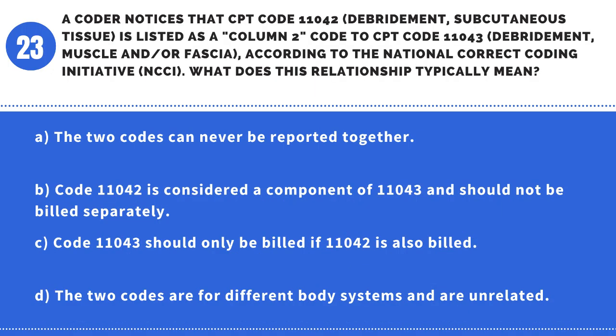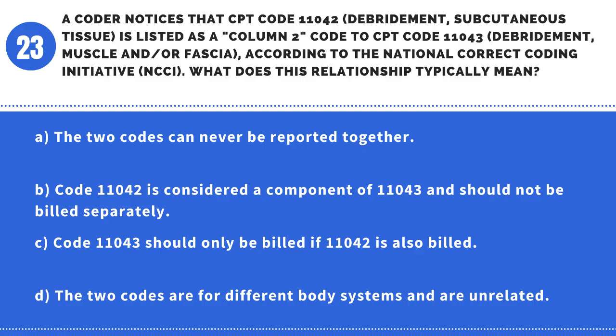Question 23. A coder notices that CPT code 11042, debridement, subcutaneous tissue, is listed as a column 2 code to CPT code 11043, debridement, muscle and/or fascia, according to the National Correct Coding Initiative, NCCI. What does this relationship typically mean?